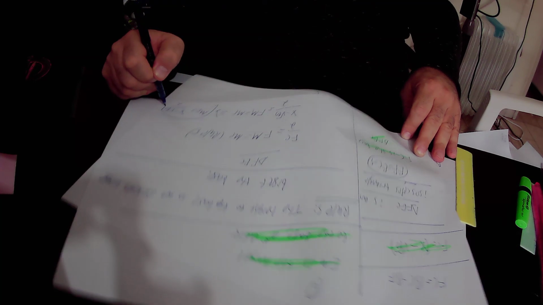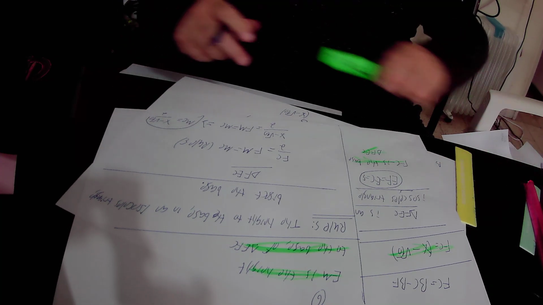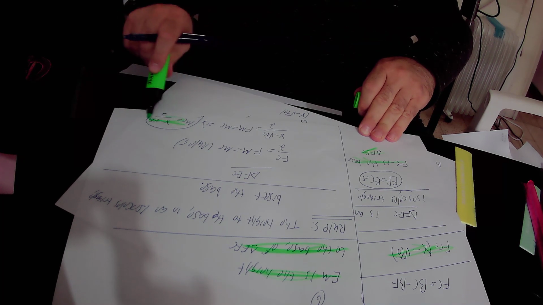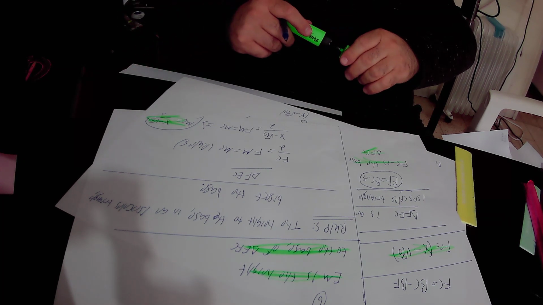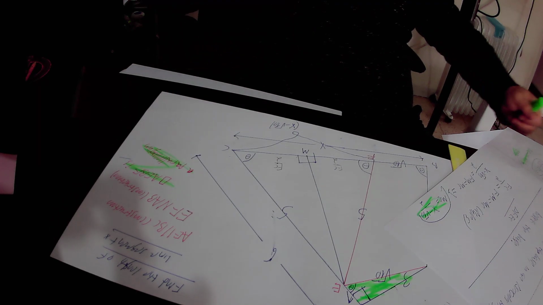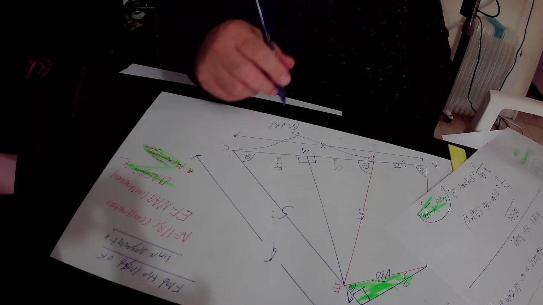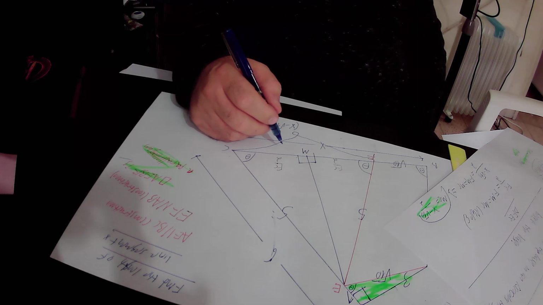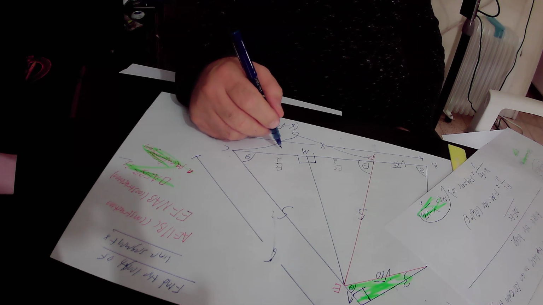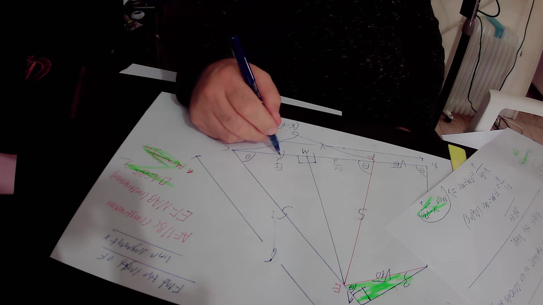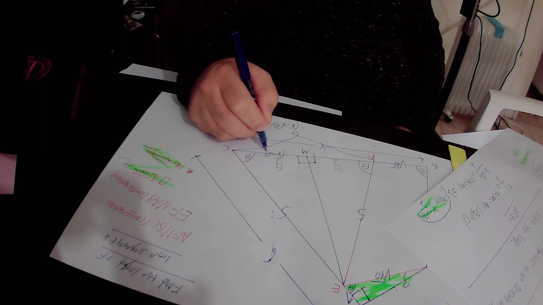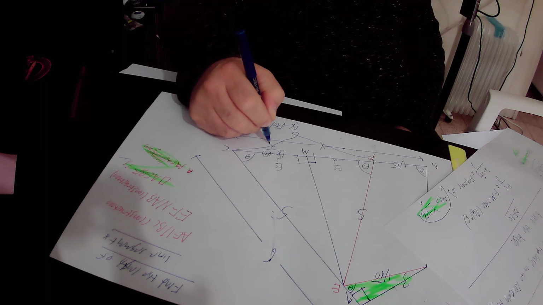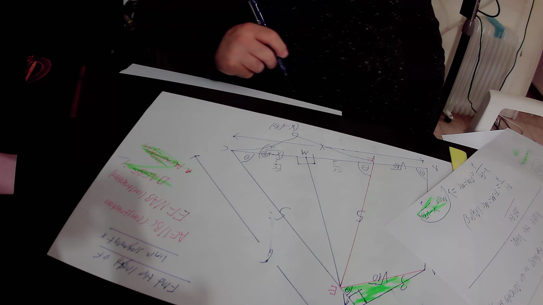So we can write here that MC equals x minus square root of 10 over 2. Okay?